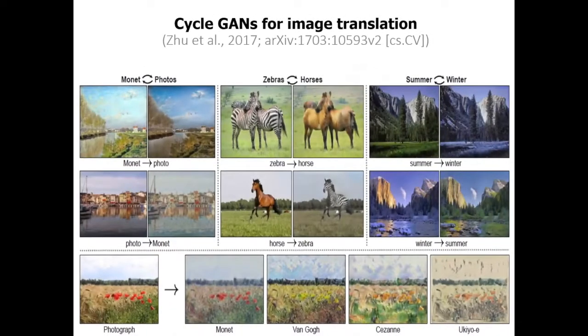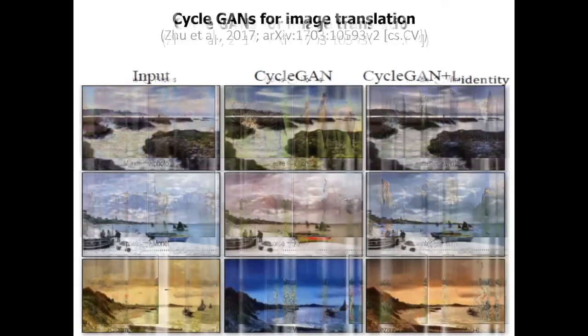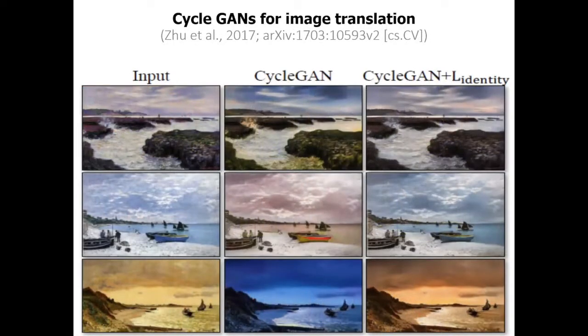I also like this picture because it changes a zebra into a horse, or something, they can interchange everything, you see? And change a mountain from winter to summer, things like that. Also you can change your input and it gives you different types of pictures.